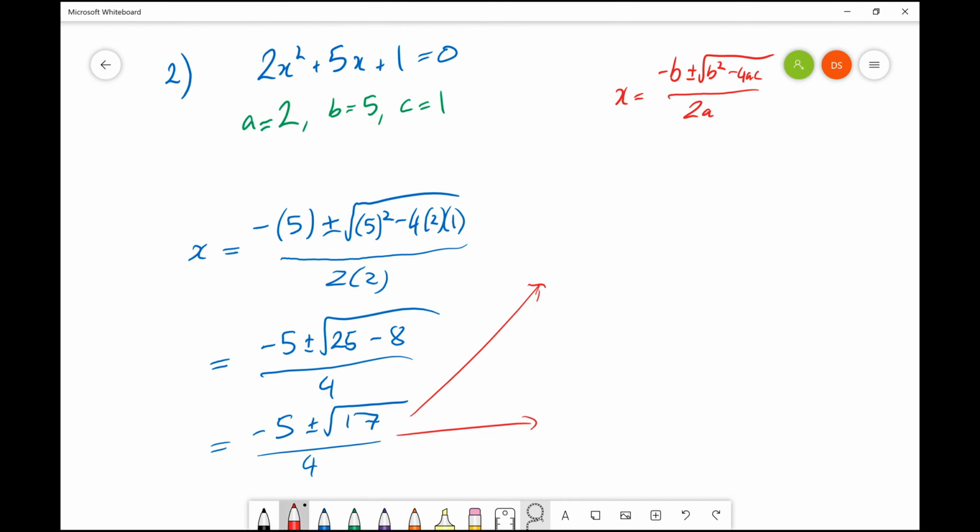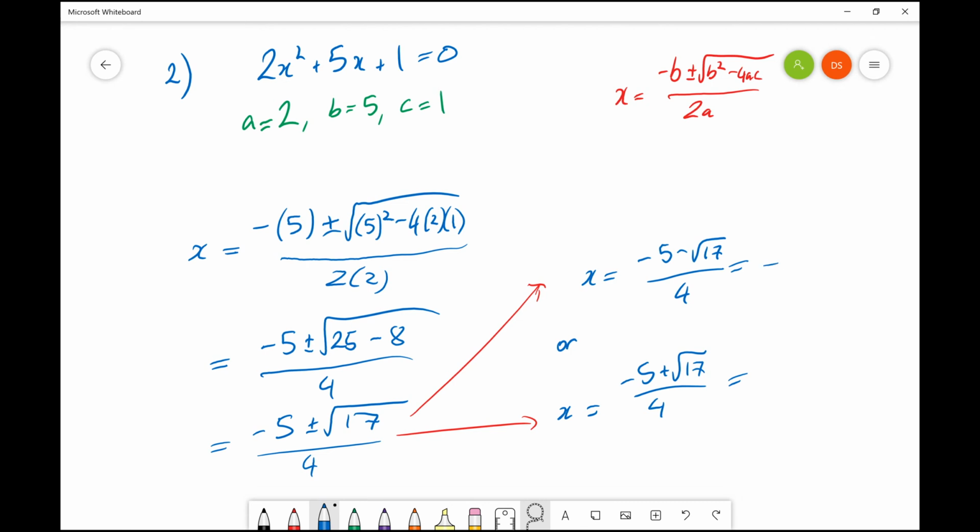All right, and so we get x is equal to negative 5 minus root 17 over 4. That's a 4, not a 2. And it's this or that, and I can work them out as decimals. So I'm going to type in my calculator with brackets, negative 5 minus square root of 17 divided by 4.